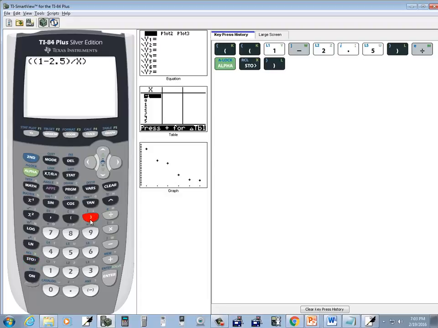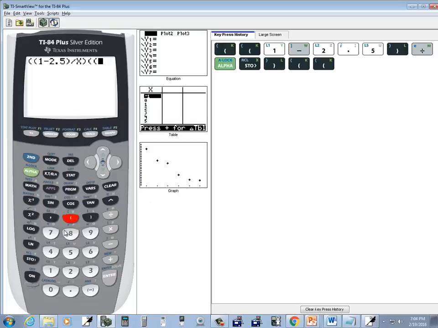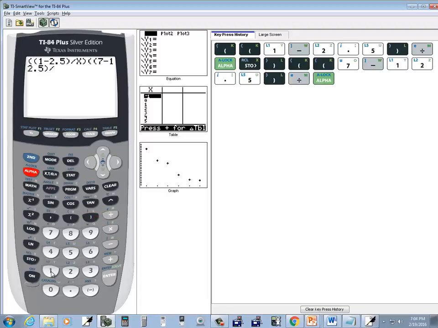Closing parentheses. And then beginning parentheses, and beginning parentheses for the top of this, 7 minus 12.5. Closing parentheses for the top part, divided by y, which was alpha 1. And then closing parentheses, and then press enter.